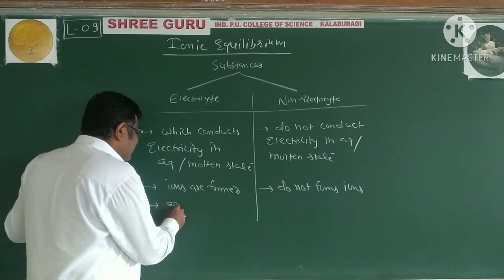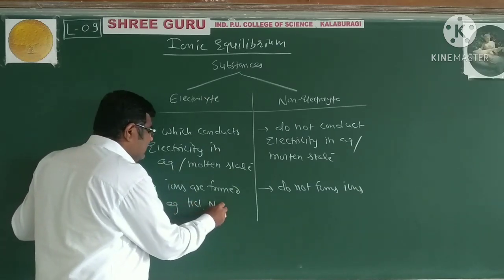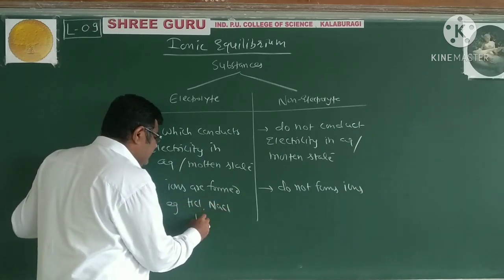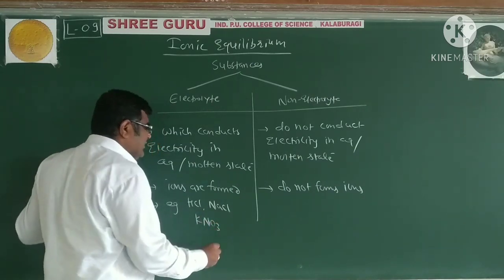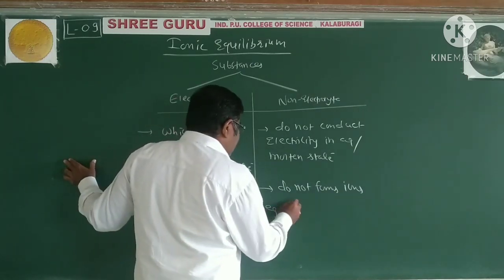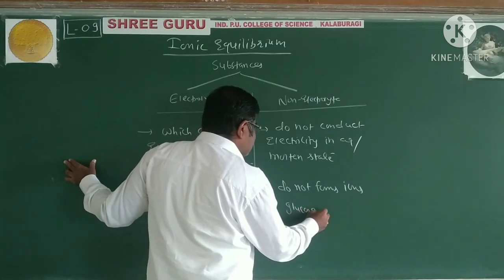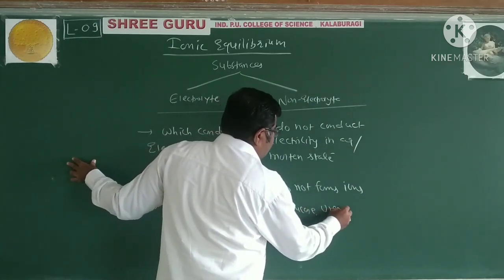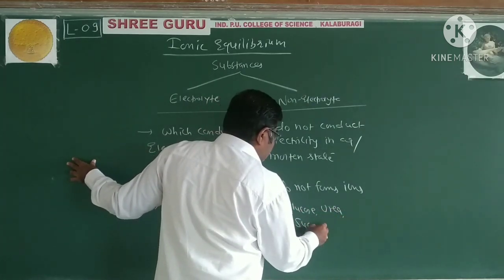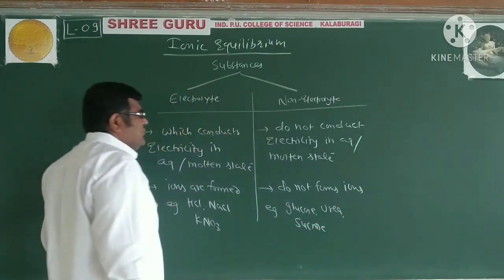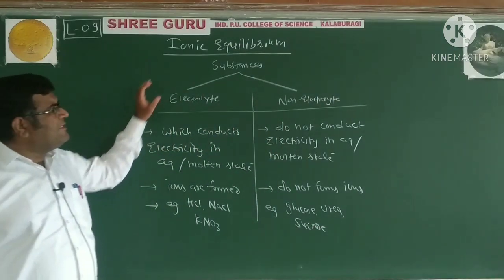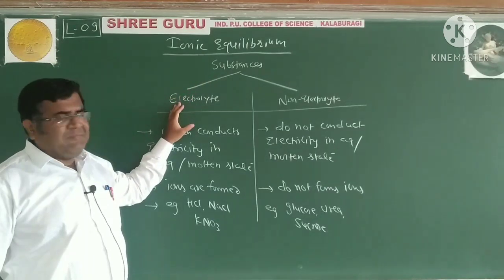We'll see examples like HCl, sodium chloride, potassium nitrate. Examples of non-electrolytes are glucose, urea, cane sugar, or we can say sucrose. So Faraday said substances are of two types.